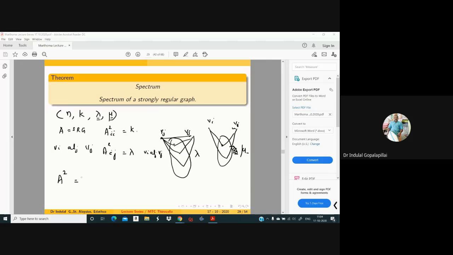So A square can be written as kI, since the diagonal entries are k.